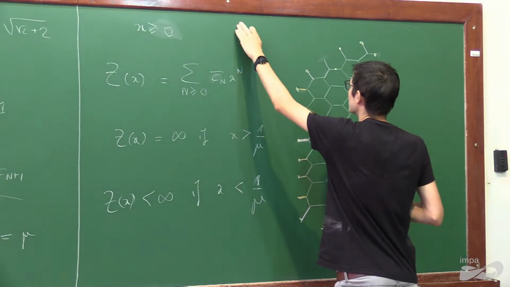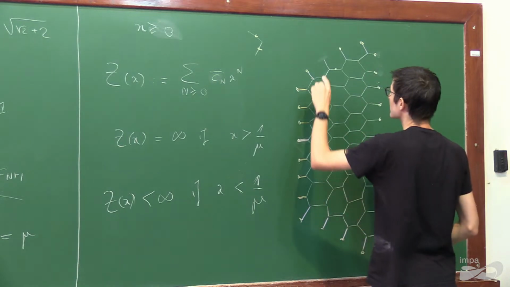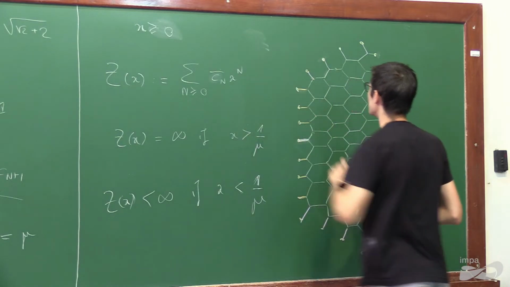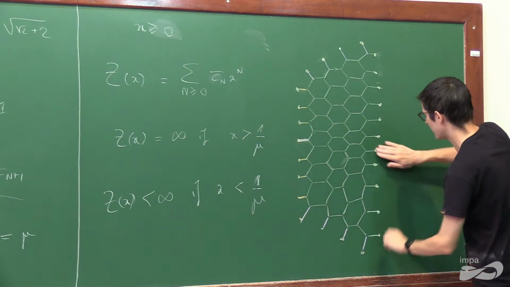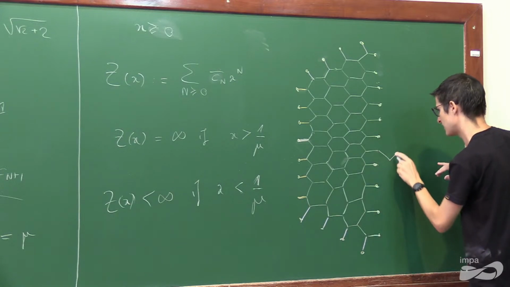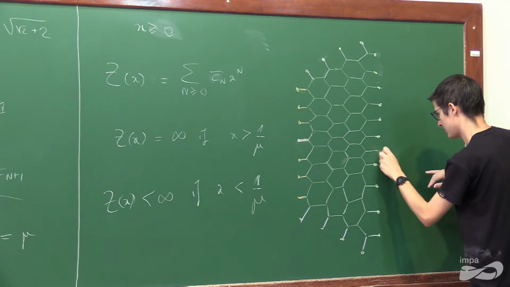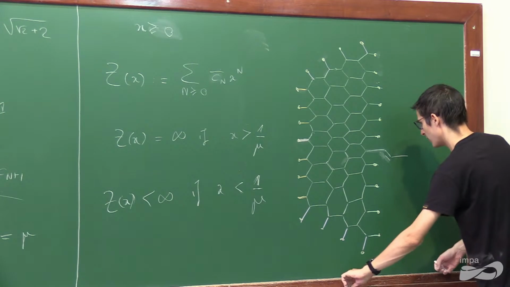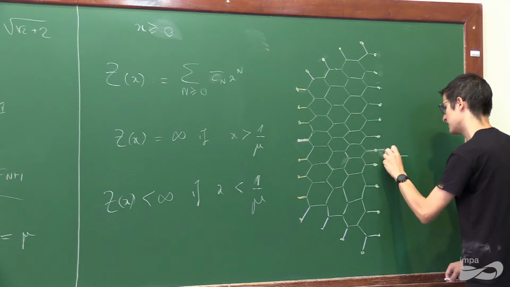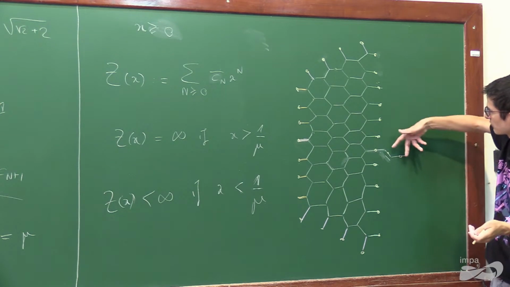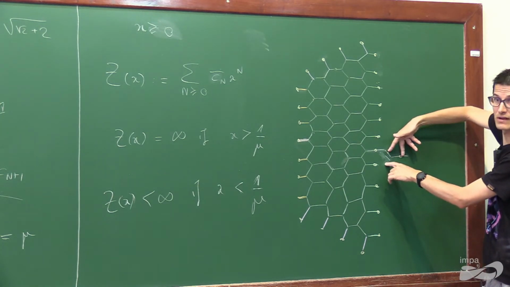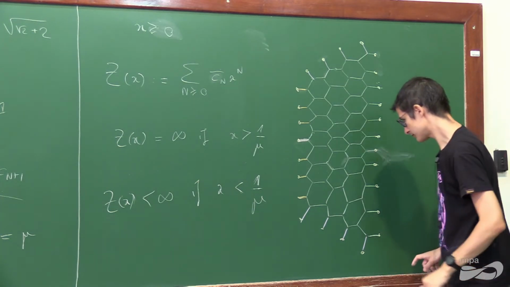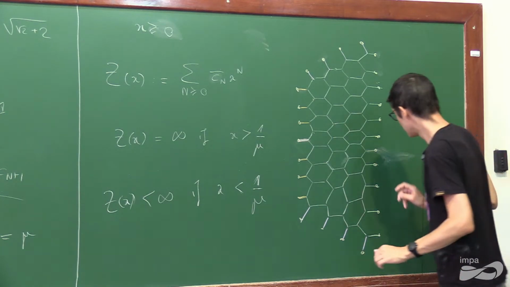Okay. Well, okay. So this is a domain, and something like this. I take this mid-edge, this mid-edge, and this mid-edge. It wouldn't be a domain, because if I want to have these two, I would need to have this extra one here. Okay.